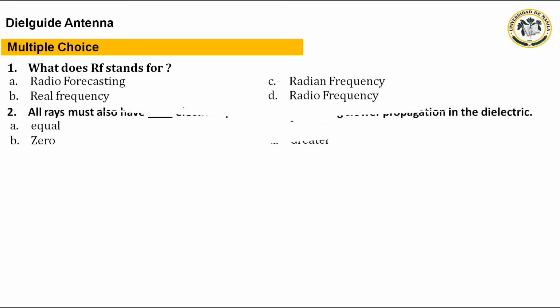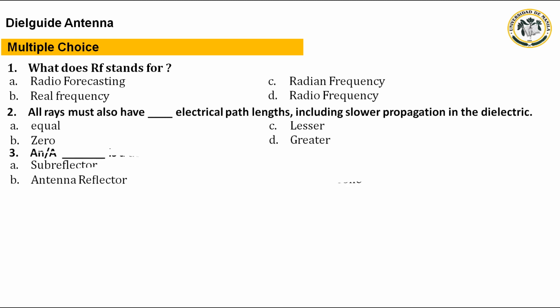Number 2. All rays must also have blank electrical path lengths, including slower propagation in the dielectrics. A. Equal, B. Zero, C. Lesser, or D. Greater.